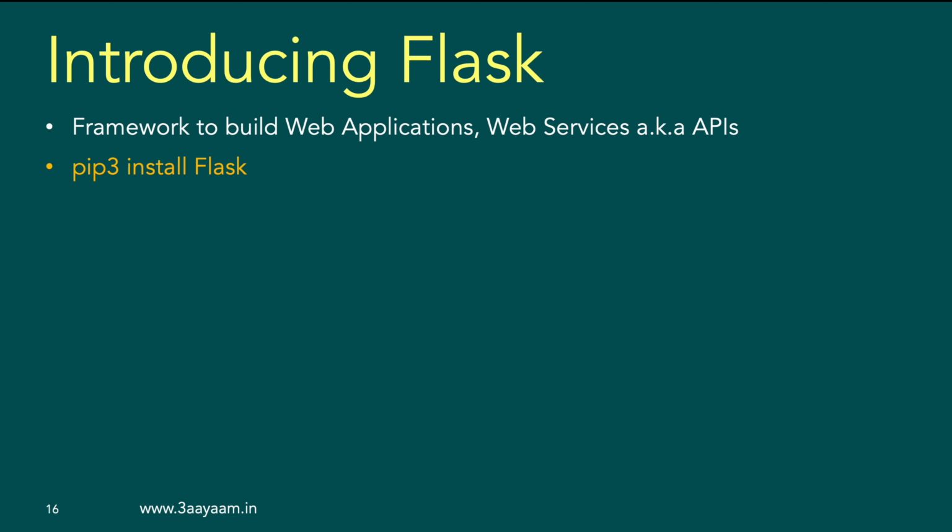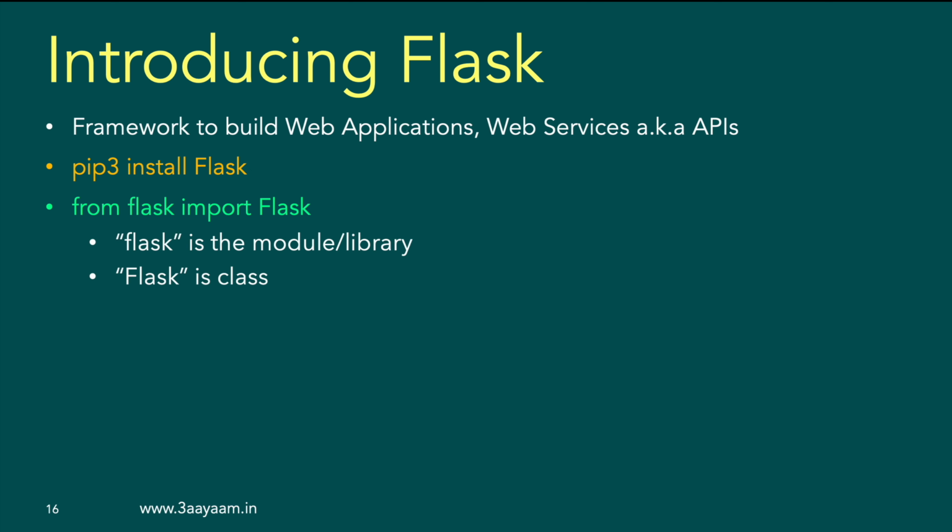To install Flask, this is what we do: pip3 install Flask, or it can be pip install Flask also. And inside the Python program, if you want to use the Flask module or library, we'll have to import it like this: from flask import Flask. You already know what import is.